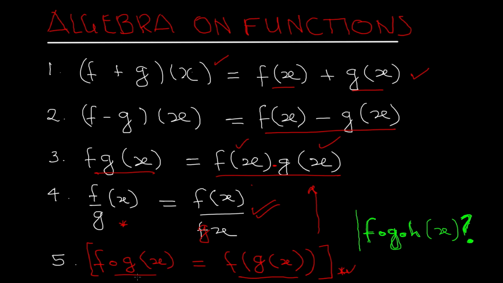So again, here now we know that g(x) is an input into f. So now we can say that f has g(x) as an input. So this and this are different from this and that.